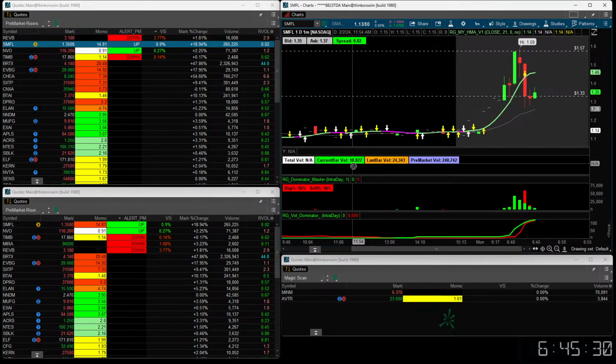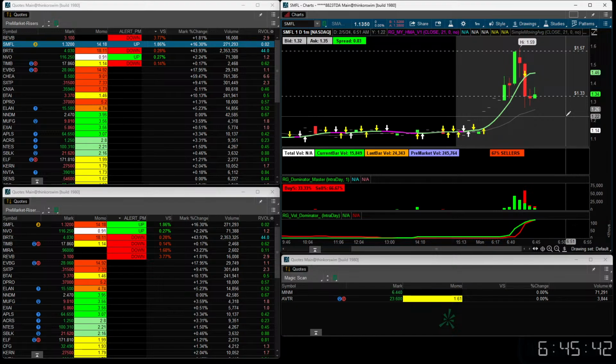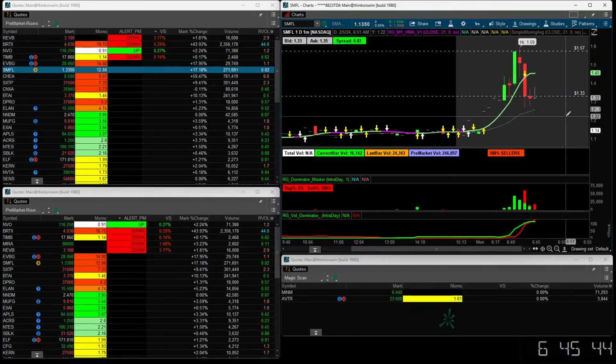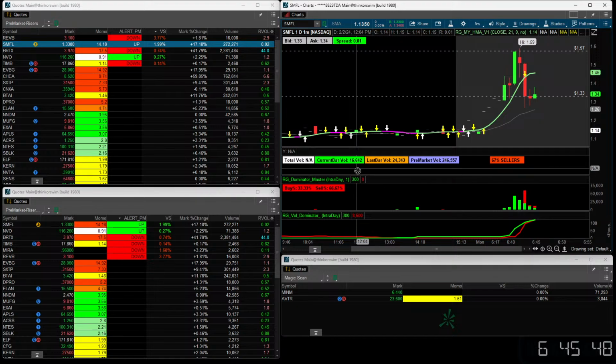I'm seeing the volume. I'm watching here as well. Volume flow is fair. It's not excellent, but it's fair. And now it's died. I don't want to see this volume stop. And it's definitely stopping.